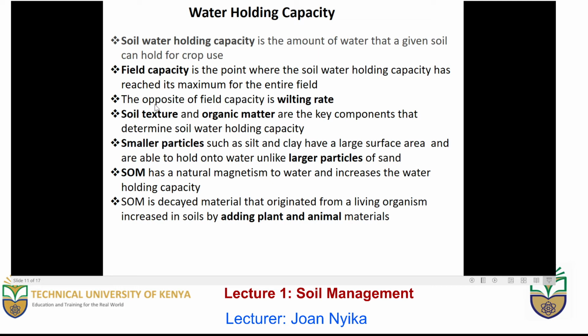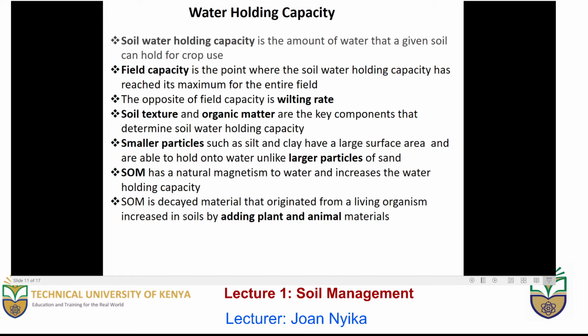The water holding capacity is determined by two factors, what we refer to as organic matter and the soil texture. When the soils have a lot of organic matter, they have the ability to attract a lot of water. Conversely, when soils are deficient in organic matter, they do not hold enough water.